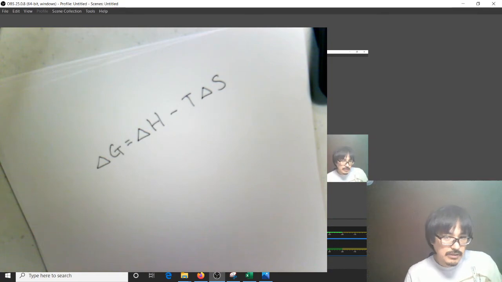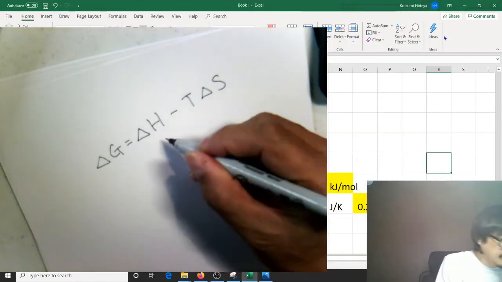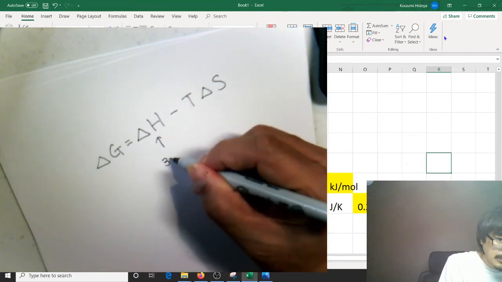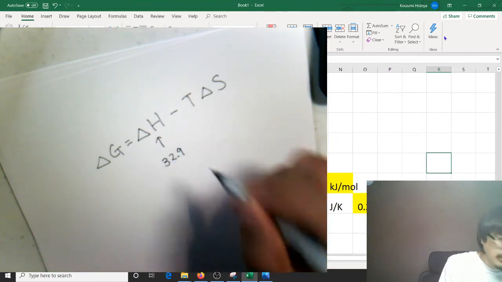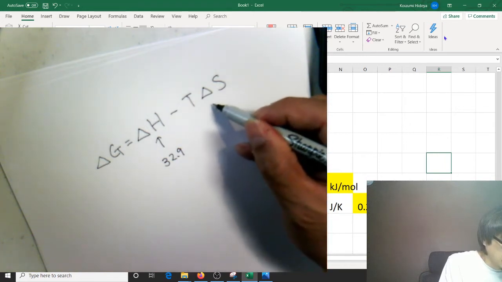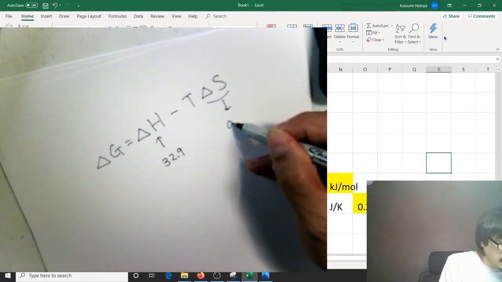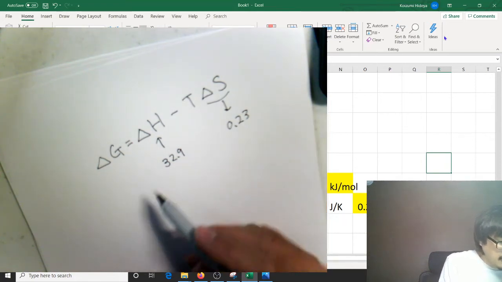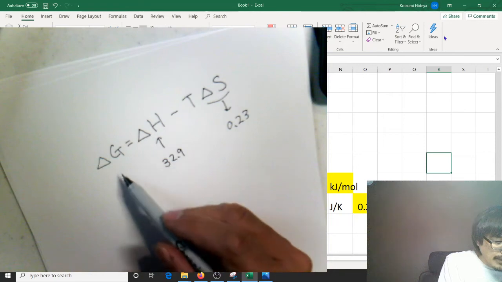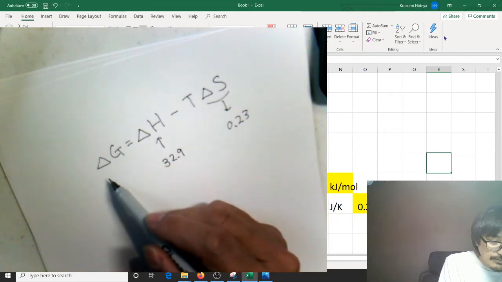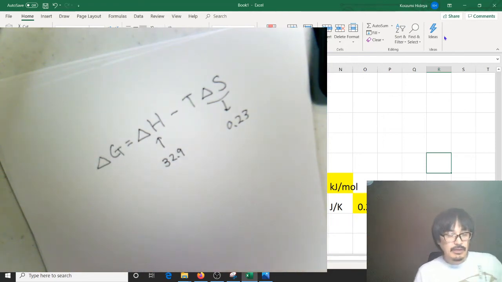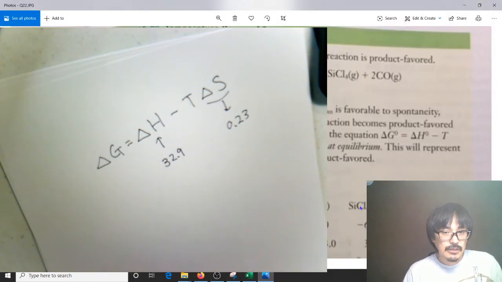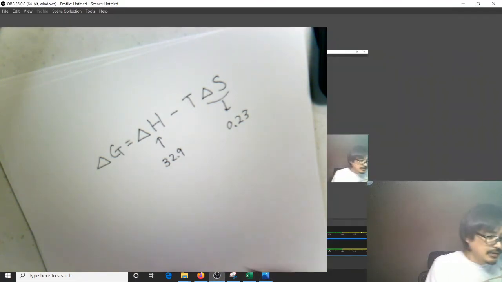And in the previous example, I had this value to be 32.9 and this value to be 0.23, right? Whenever the delta G value right here is less than 0, this reaction is spontaneous.